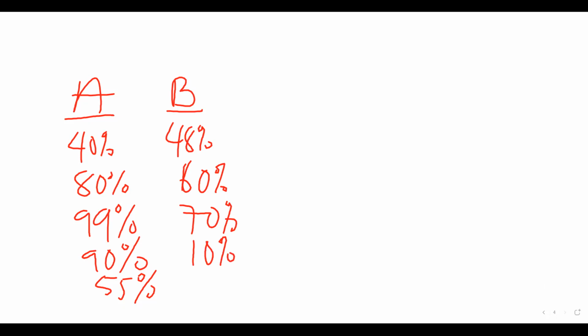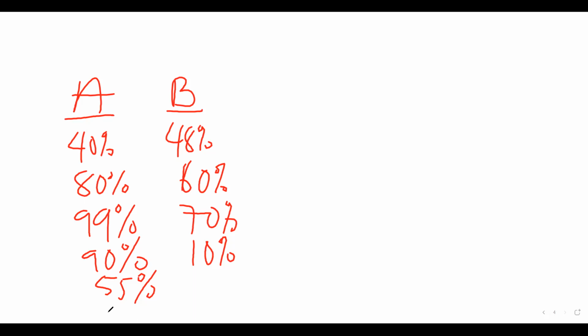Now you can see that the samples are not the same size. The total number of people here is 1, 2, 3, 4, 5, but the total number of people here is 1, 2, 3, 4. So that means that the sample is not balanced. It's an unbalanced sample.